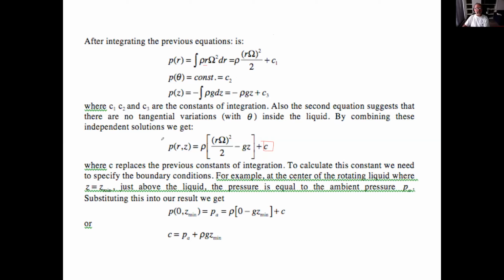So this will represent the pressure inside. If you would like to find out what is the value of C, which is going to be determined by some initial conditions. So we're looking at the model, and then we claim that probably while it is spinning, there is a minimum distance. Let me go back here.